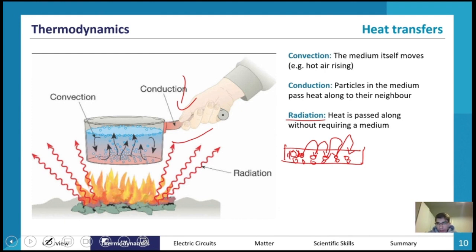And that is really important because that is essentially how Earth heats up with energy from the sun.